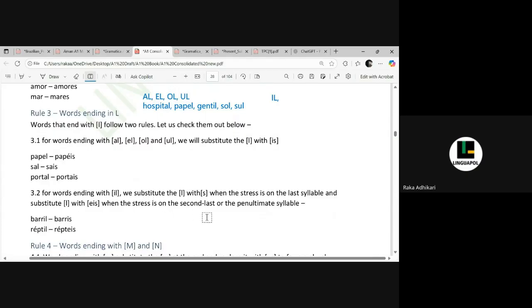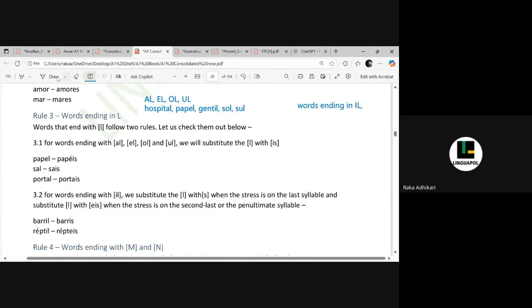Now again, words ending in IL, we divide them into two categories. So in this, we can have two categories of words. There can be words where the stress is on the last syllable.